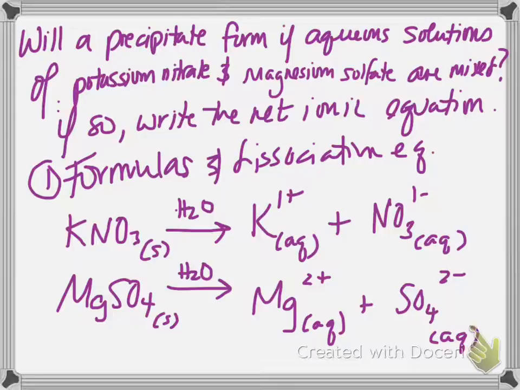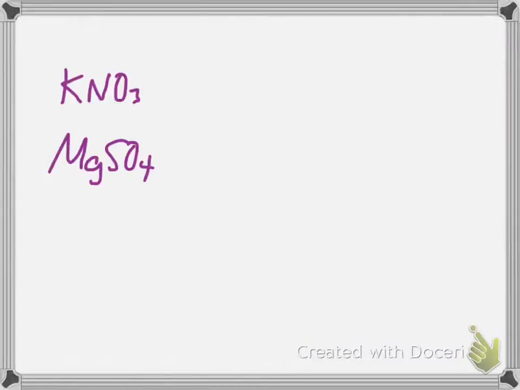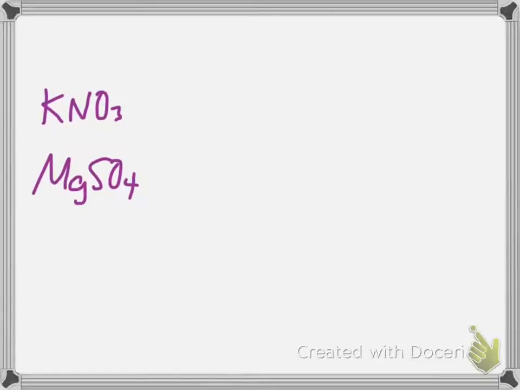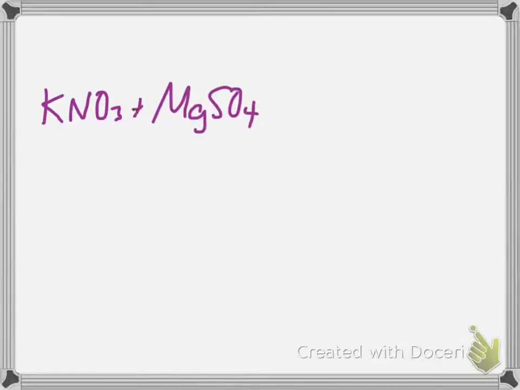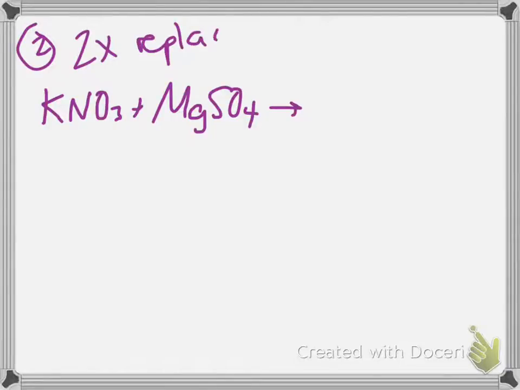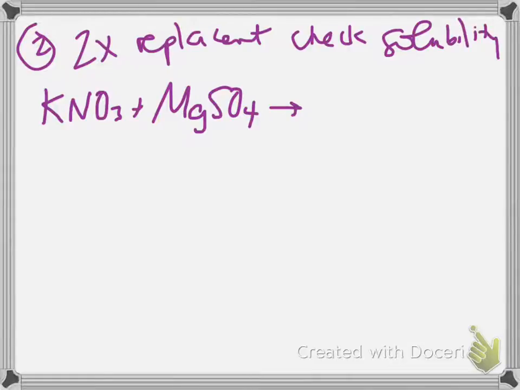Yeah, we do a double displacement and we check out the solubility of any potential products. So in other words, if we take these two things in aqueous solution, step 2, double replacement, check solubility. What would we get out of this?